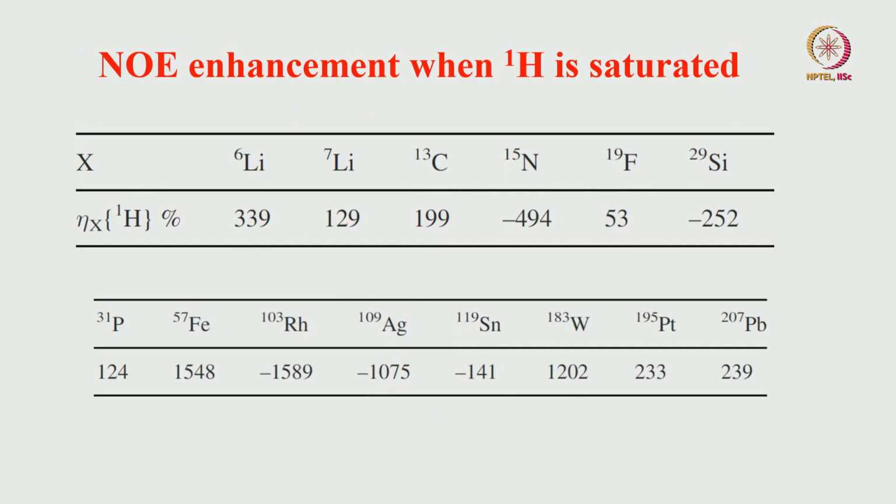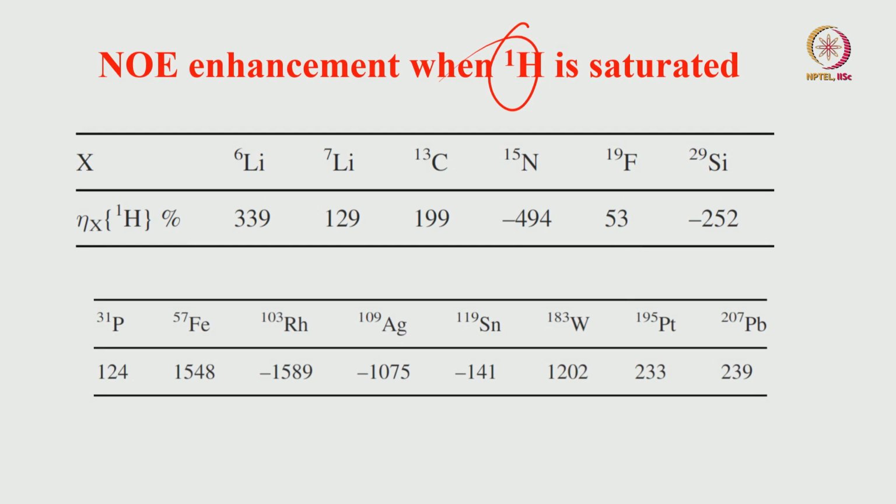How much is the enhancement of the intensity you are going to get? Enhancement in the NOE if proton is irradiated. My irradiated spin is S, that is gamma, eta I into S in this flower bracket. S is my proton. What is the enhancement in intensity for I? That is for different nuclei. When I irradiate proton, how much gain am I going to get?